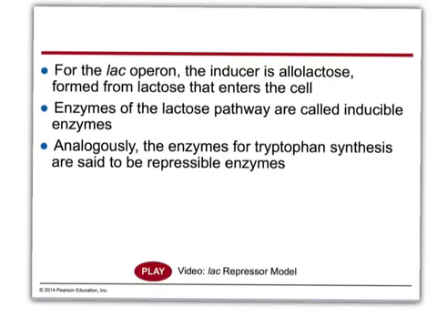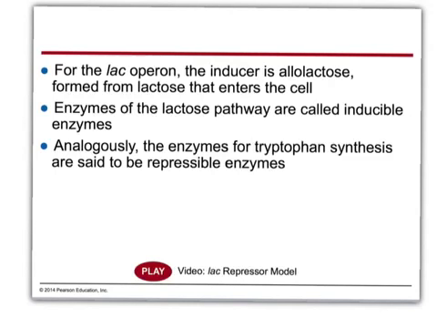And so we call those genes inducible genes, and the enzymes coded by those genes are inducible. They can be turned on in the presence of lactose. Analogously, the enzymes of the trp operon are repressible enzymes because they can be turned off.